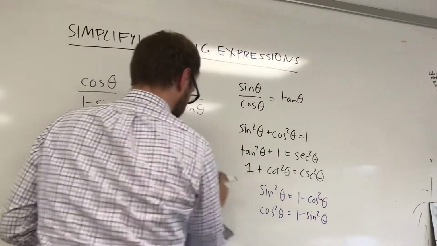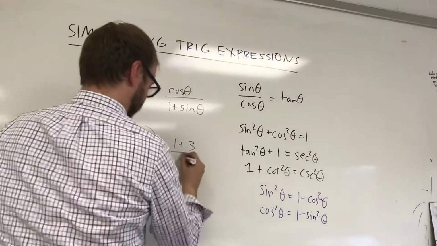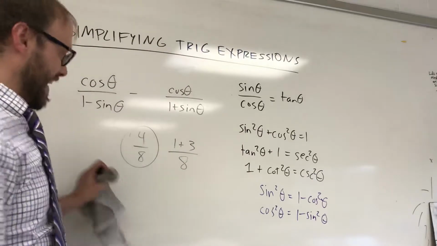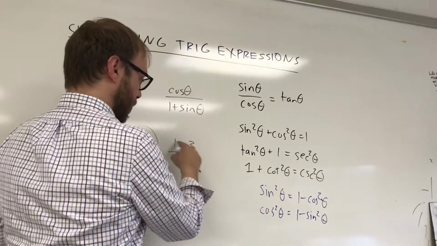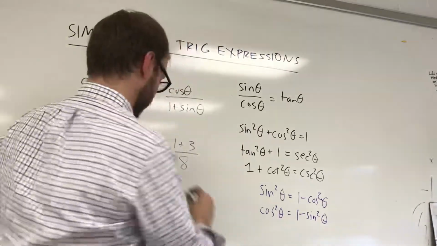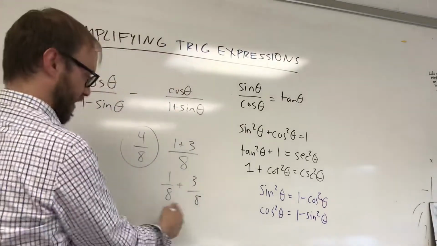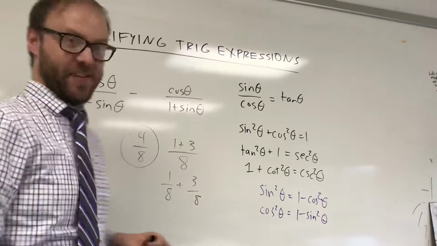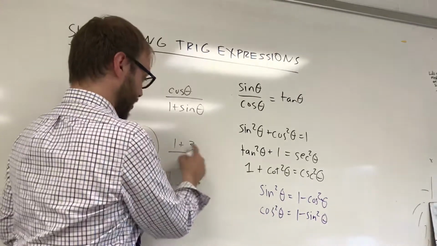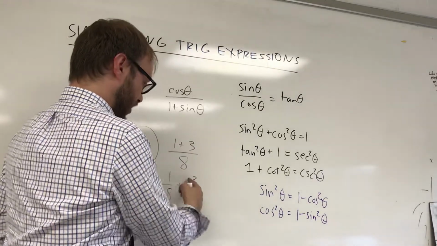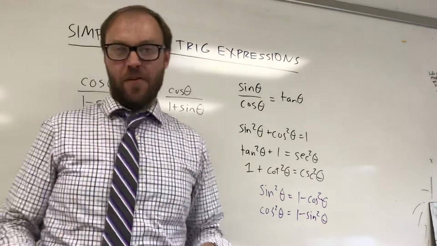For example, if I wrote this as 1 plus 3 over 8, I could break up the numerator with a common denominator, okay? I could write this as 1 over 8 plus 3 over 8, and 1/8 plus 3/8 is the same thing as 4/8, okay? But notice, a sum or a difference, each term is still over that same denominator, okay?